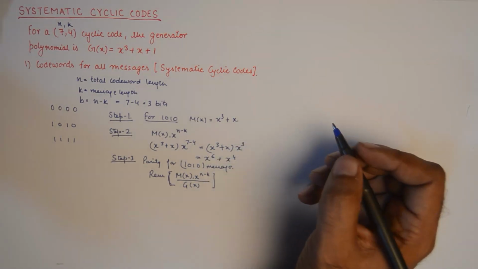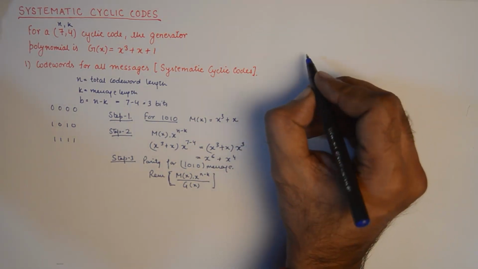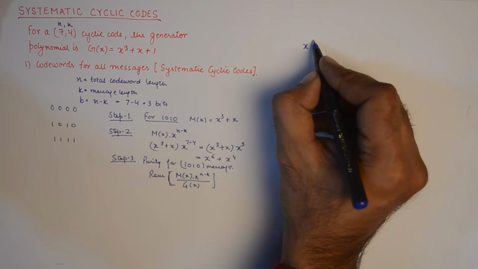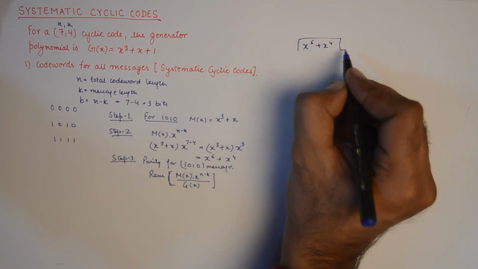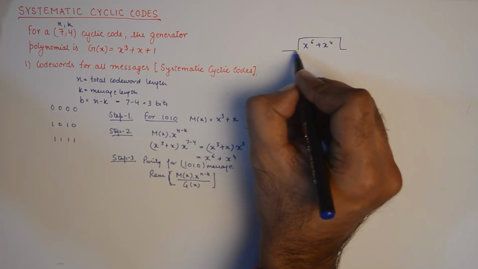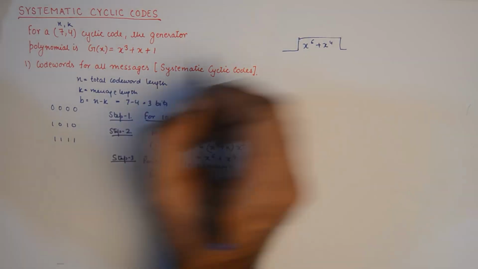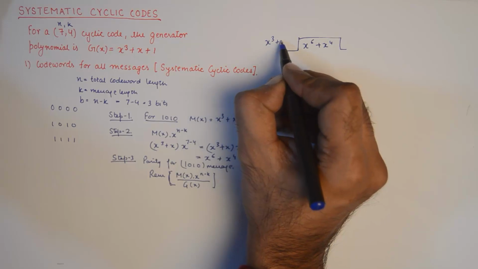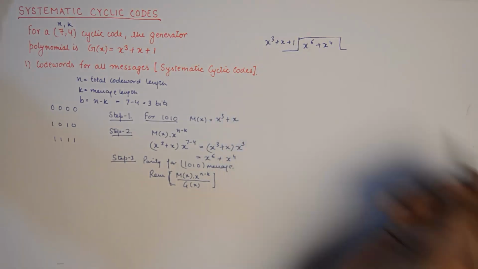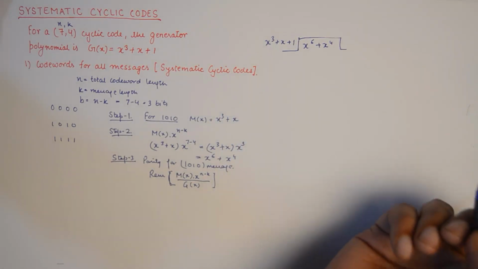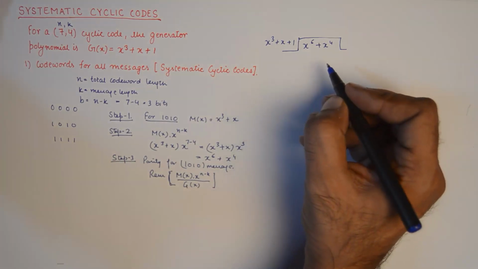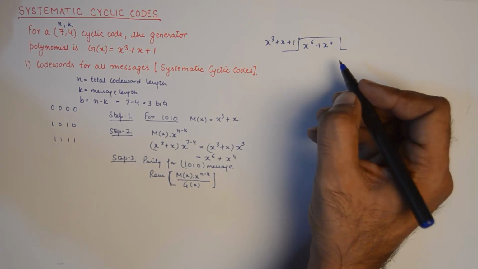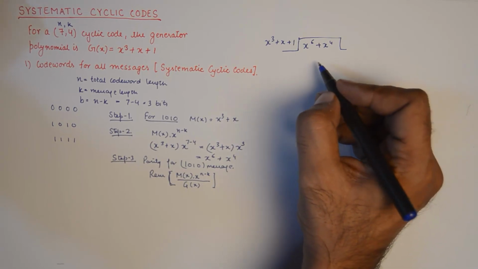So now I have the task of dividing x raised to the power 6 plus x raised to the power 4 with the generator polynomial, which is x cube plus x plus 1. Now please understand this division is a long division method where we are going to use the XOR method while subtracting.